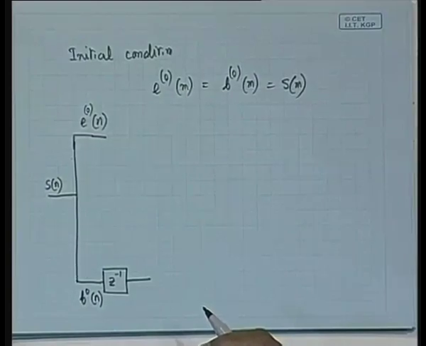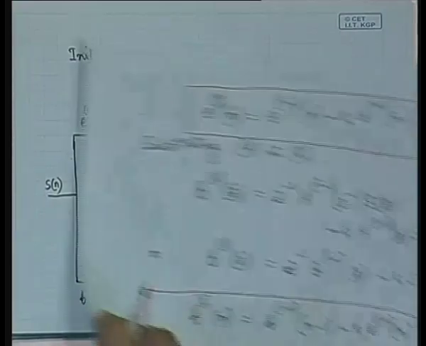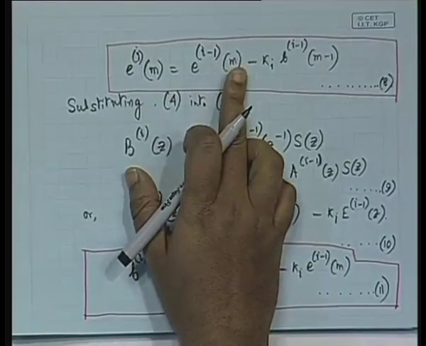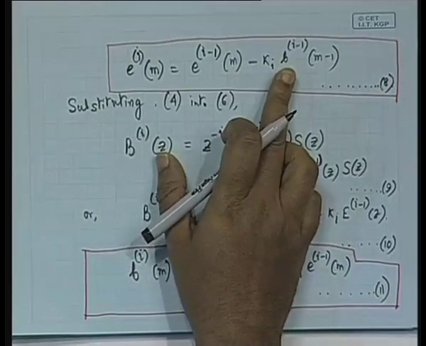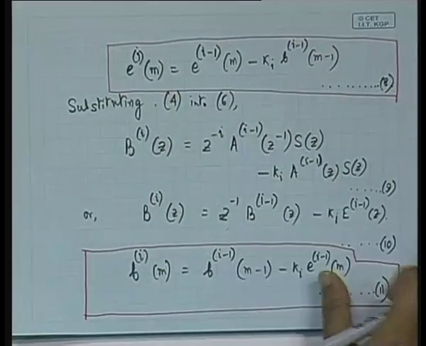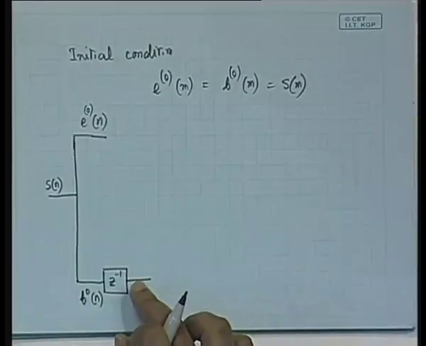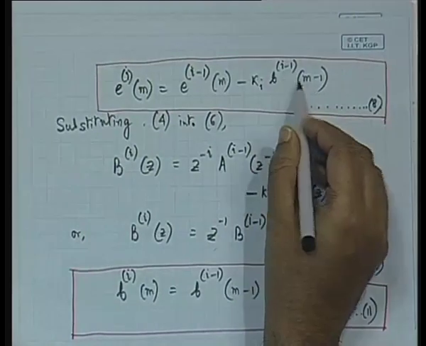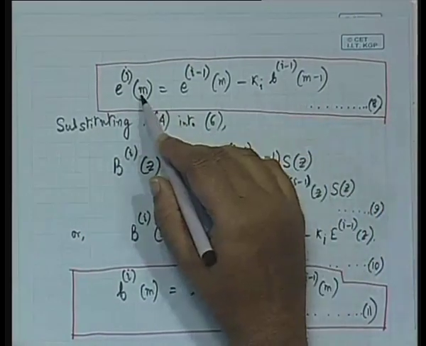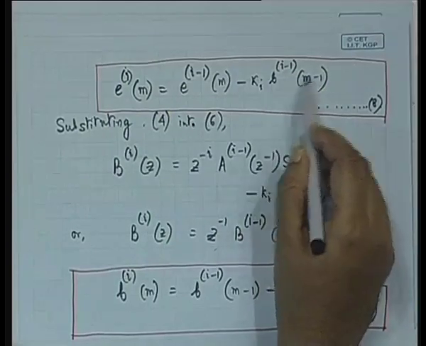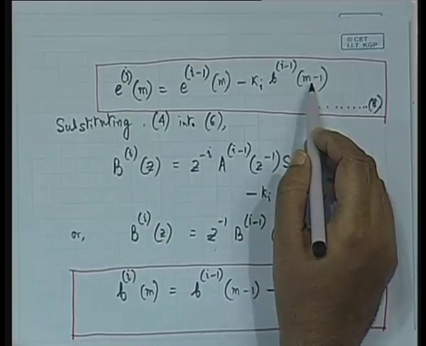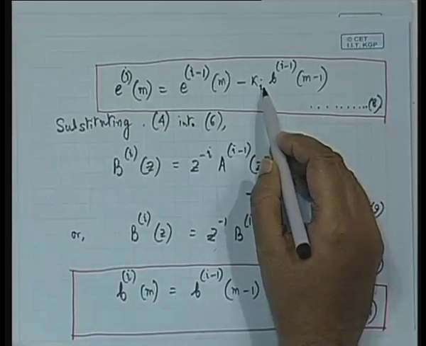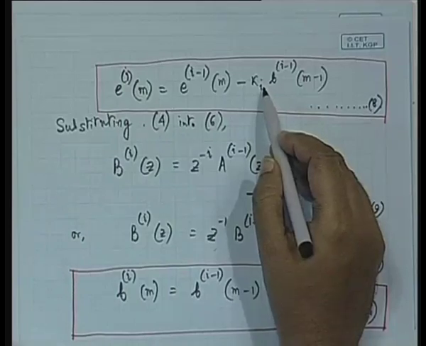Now let us say that we want to get E1 of n. To get E1 of n, what we need? We need E0 of n, and we want to take B0 of n minus 1. B0 of n minus 1 is already obtained from this, and it is multiplied by a coefficient ki. So in this case it's becoming k1.